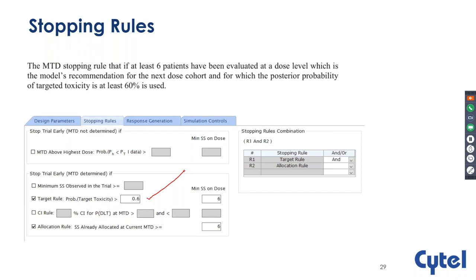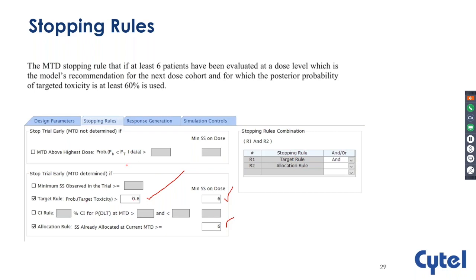Remember, our goal is to maximize the chance that you fall into that interval. So if you end up in that interval more than 60% of the time and you have expended at least 6 subjects in that dose level, then you should be stopping there. There's also an allocation rule that was applied in this particular study, which is that if you have expended at least 2 cohorts of subjects in the current MTD, then you would also stop the study.